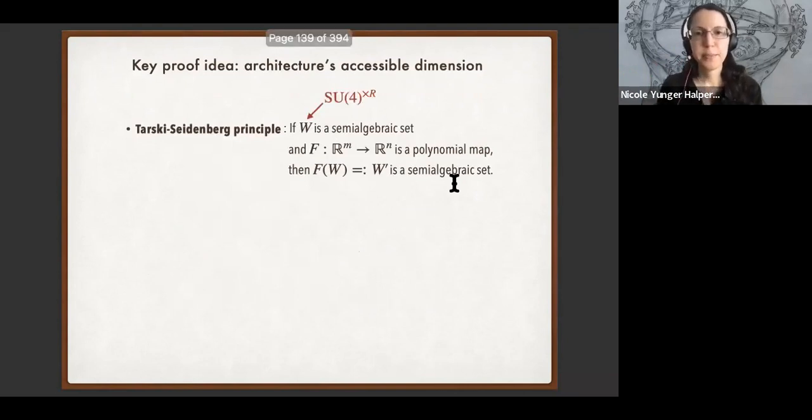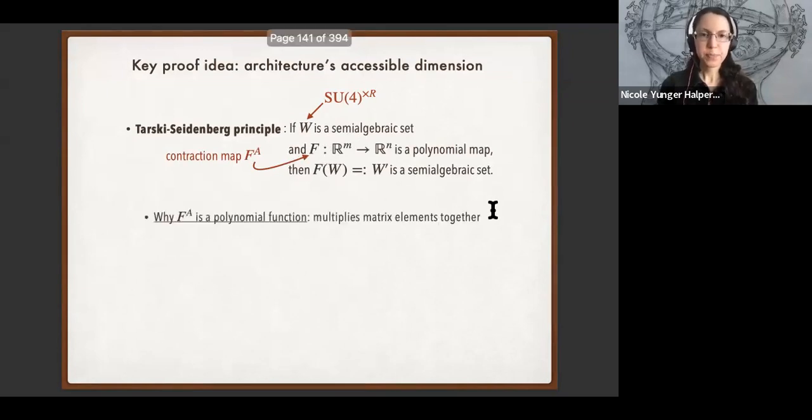In our case, the original semi-algebraic set of interest is SU4 to the power R, which consists of all the sets of R two-qubit gates. This map, F, of interest, is our contraction map, which depends on the architecture. It's a polynomial function because it contracts gates, which are represented by matrices.